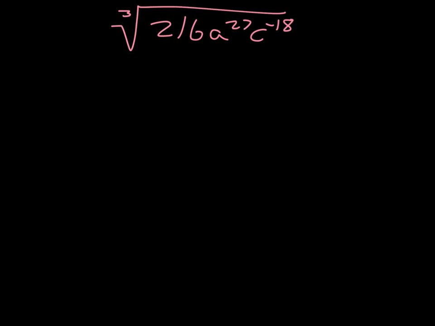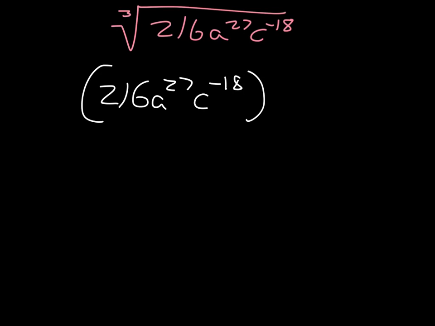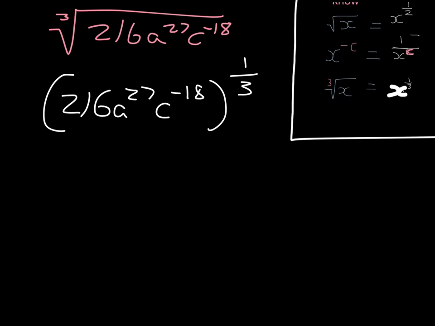So the first thing we're going to do is put 216 a to the power of 27 and c to the power of negative 18 in a bracket, all to the power of 1 over 3, using the index laws we mentioned previously. Now what I'm going to do is use one of the index laws and put 216 to the power of 1 over 3 in my calculator, which will give me the answer of 6.